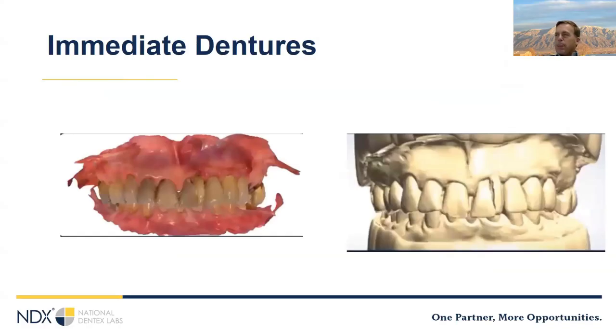Immediate dentures. This is a workflow that really works great for digital because all you got to do is scan the upper, scan the lower, scan the bite. The main thing is you have to remember to capture those vestibular borders, all that anatomy. So you got to be thinking denture scan when you're scanning it, not crown scan.